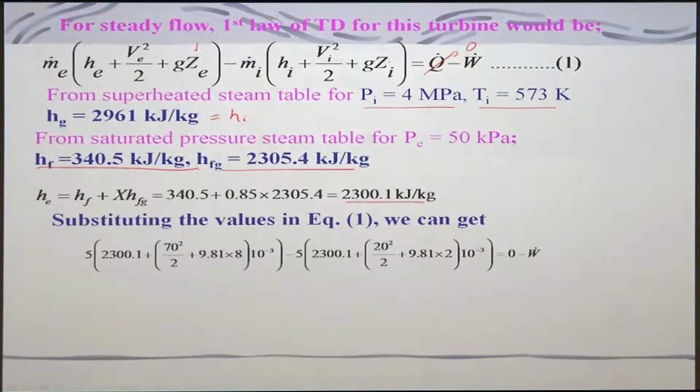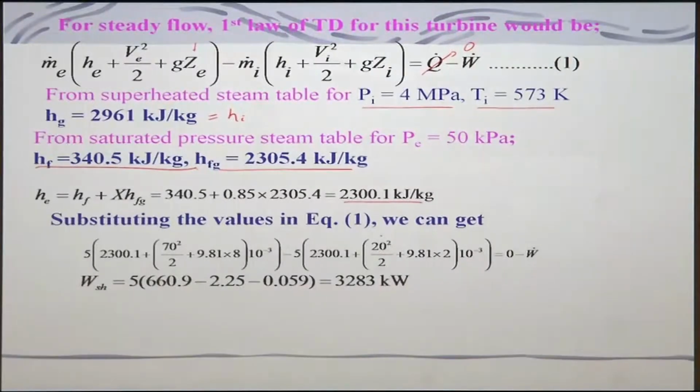Substitute those values in equation 1, and you can find the shaft work as basically 3283 kilowatt. If you look, this term is very low, corresponding to the change in kinetic energy, and this is corresponding to the change in potential energy. Of course, this is your mass.